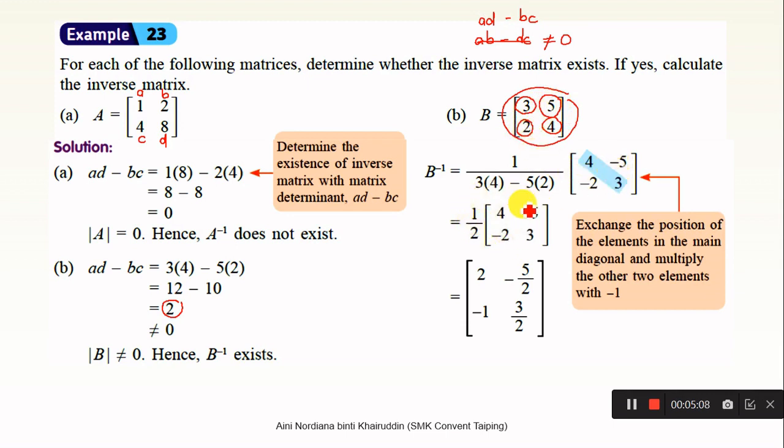Just now we got AD minus BC as 2. So 1 over 2 multiplied with this matrix, you will get this matrix. 1 over 2 times 4 is 2. 1 over 2 times negative 5 is negative 5 over 2, and so on. So this is the inverse matrix of B.